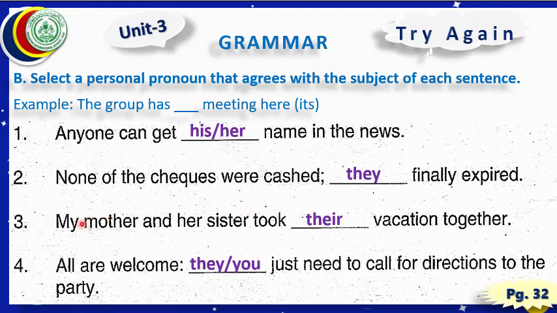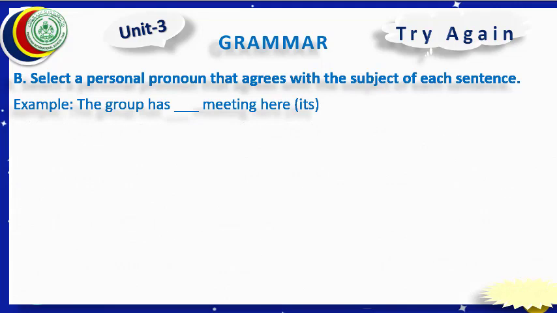What is the subject? My mother and her sister. All are welcome. They just need to call for directions to the party. You just need, you and they both agree with the subject. Both are correct. You can write anyone. Let us move to the next part.